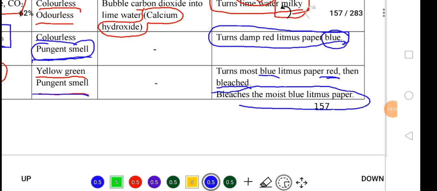So, yellow-green, that is chlorine. Colorless, that is ammonia. But again, looking at colorless, we cannot tell that this is ammonia because we also have some other colorless gases such as carbon dioxide, hydrogen, and oxygen.